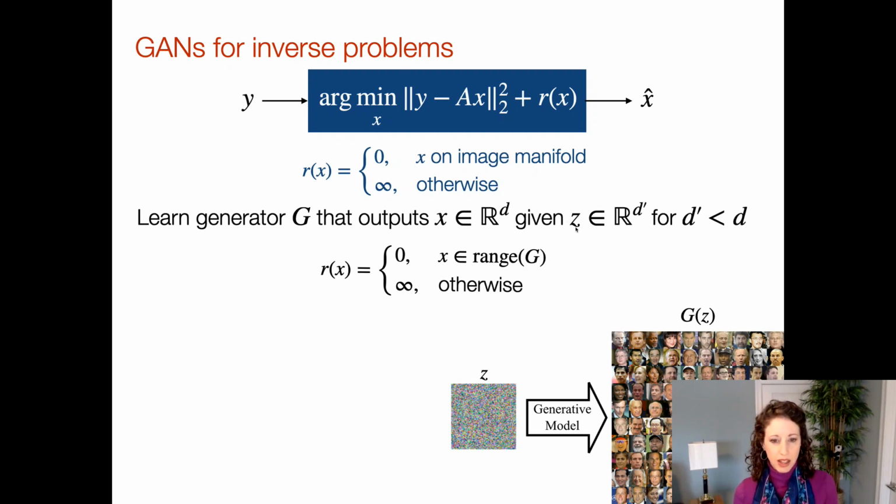If we had this generator, then we can use it to represent the manifold. In particular, we can have our regularization function R be 0 whenever we have an image that's in the range of this generator, or that could somehow be output by the generator, and otherwise be infinity.